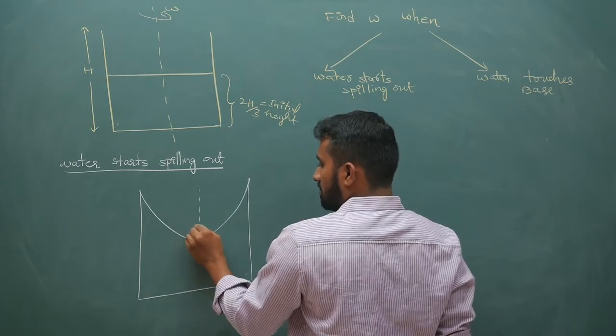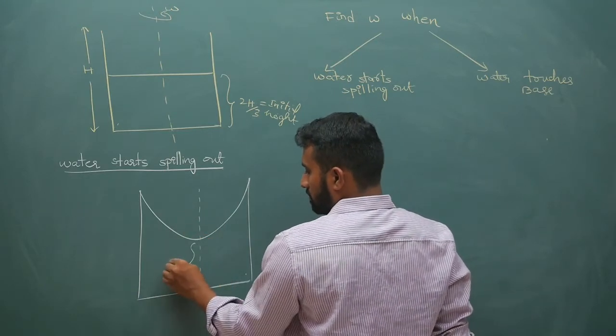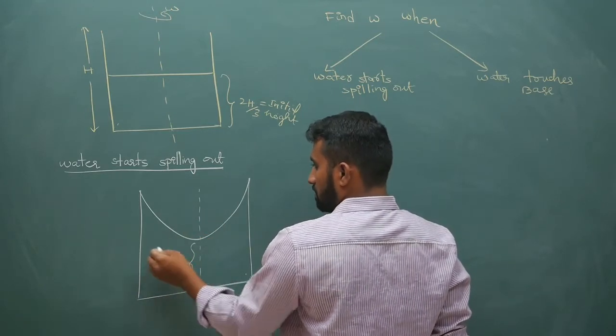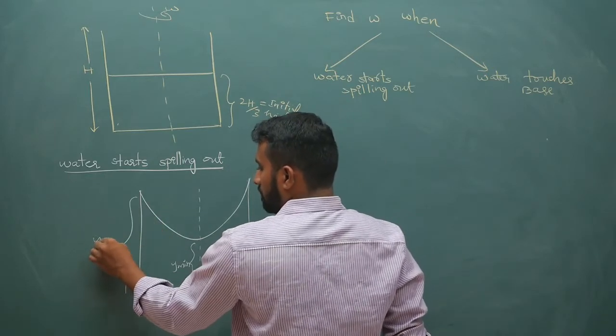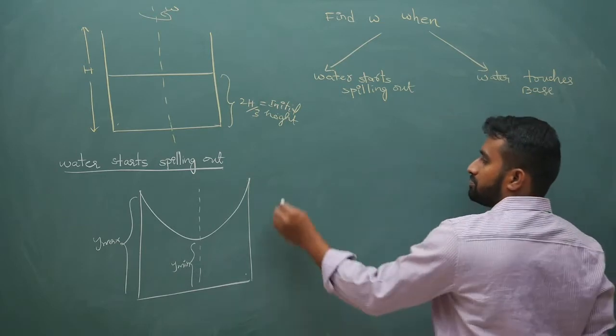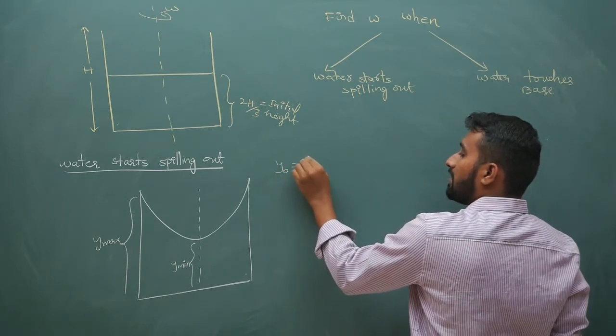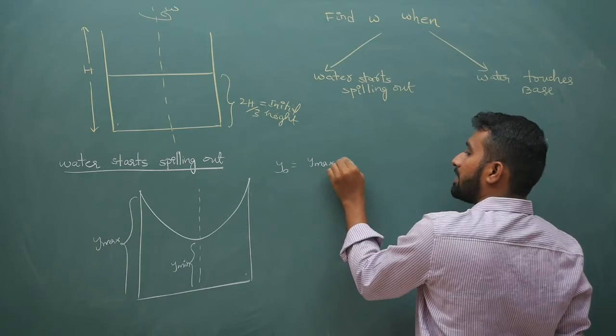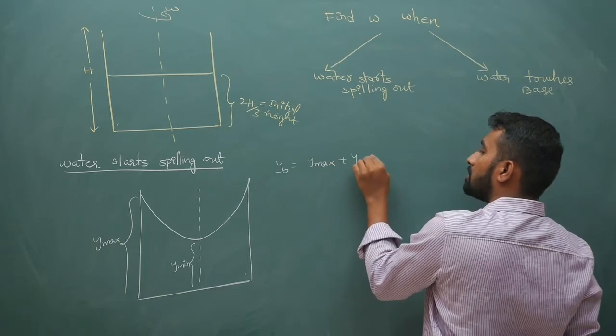Two relations we will be using. This is Y min, this is your Y max. We know that Y naught is equal to Y max plus Y min by 2.